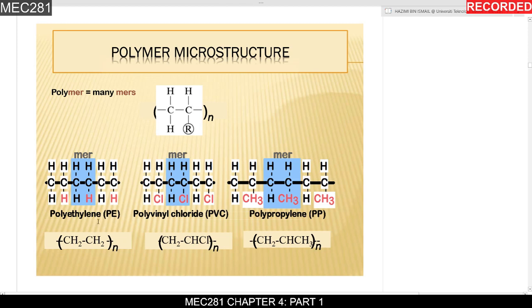If it has 3, it will be 3 times repetition of that mer. And if this is PVC, polyvinyl chloride, it has a chlorine atom at that R symbol here. So you will repeat that mer as many times as you want based on the number n here. In this case, we have 3 n here, okay.